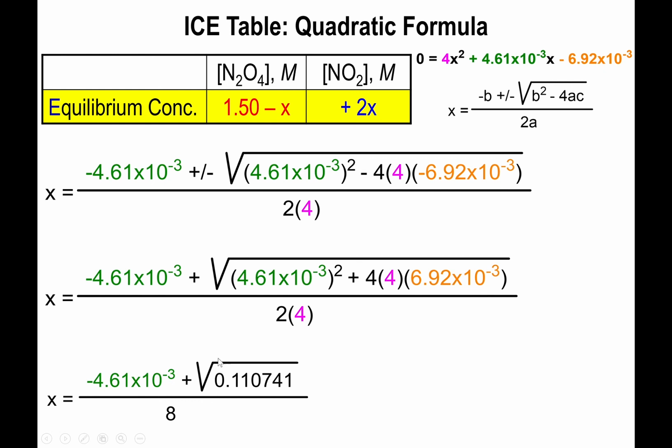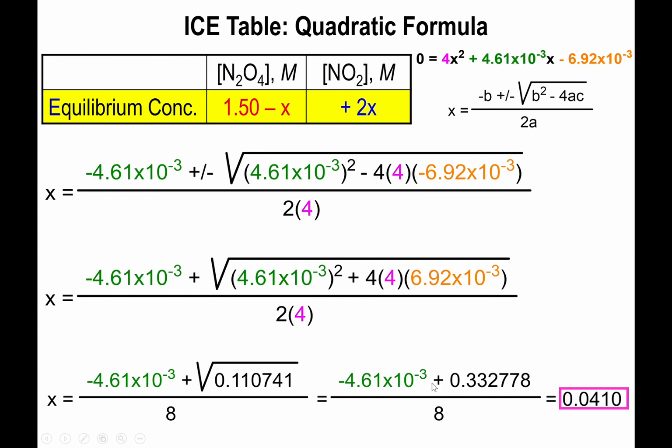So here, what you do is you take the square root of that number, which will yield the following expression, 0.332778, which is being added to the negative 4.61 times 10 to the negative 3, all divided by 2 times 4, which is 8. So upon adding the two numbers on top, or technically subtracting them, you're going to end up with a positive number, which upon division with 8 will give you 0.0410. This right here is the value of x.